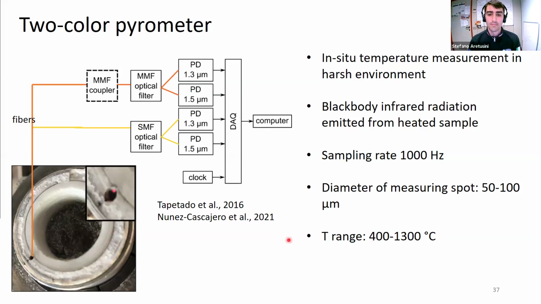It is the property of Madrid University and was tailored to our experiments thanks to the team from Madrid. It's unique because you can go to very high sampling rates, you can sample radiation from very small spots, and the temperature range is wide, between 400 and 1300 Celsius.